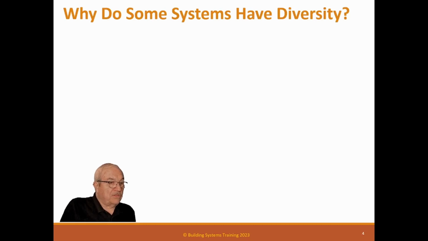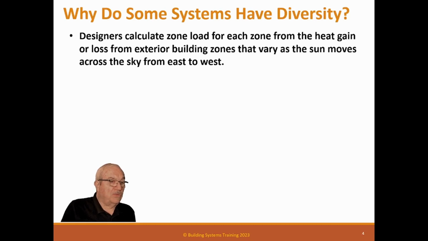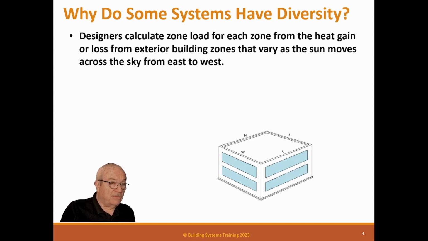So why do systems have diversity? Why is zone load different than block load? Should they be the same? Well, actually, for air conditioning, for cooling, it is not. Designers calculate the zone load for each room, just like I said. The reason it changes is because the solar load is not consistent on each face of the building through the whole day. Here's a building, and you notice this is the east side, and this is the west side.